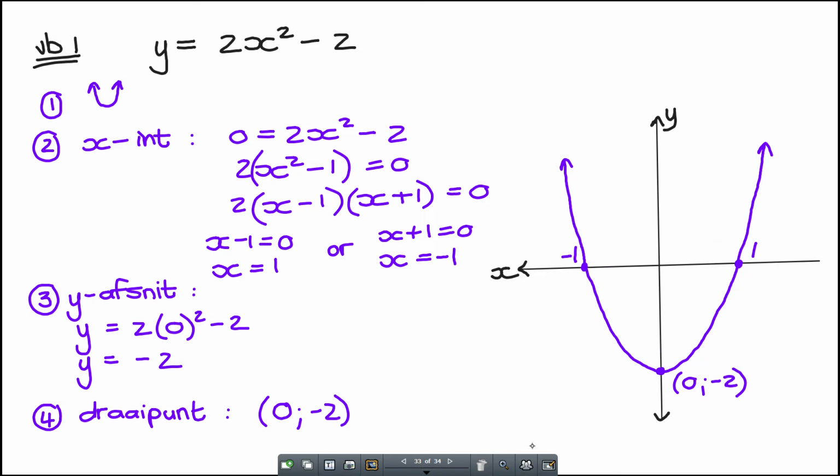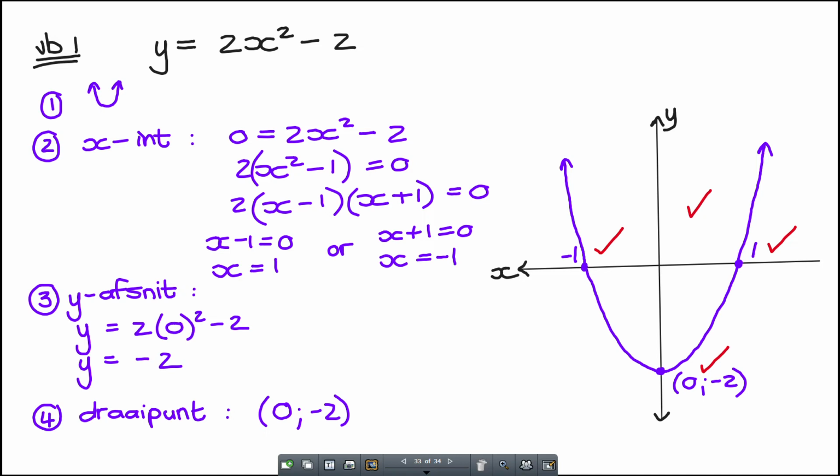Okay, so hoe ons vir jou gaan merk in die toets, is jy gaan 'n punt kry vir jou x afsnitte, gaan punt kry vir jou y afsnit, wat in hierdie geval mos nou dieselfde gaan wees as jou draaipunt, né? En dan gaan ek vir jou shape 'n punt kry. So daai is 4 punte. Any questions?